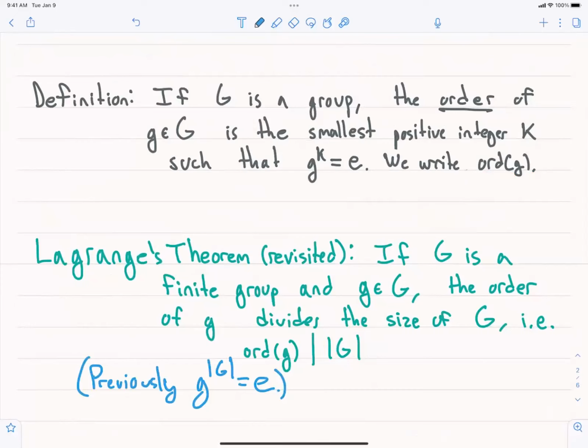But using this notion of order, we can be a little bit more precise. Actually, what's really true is that the order of any element divides the size of g.